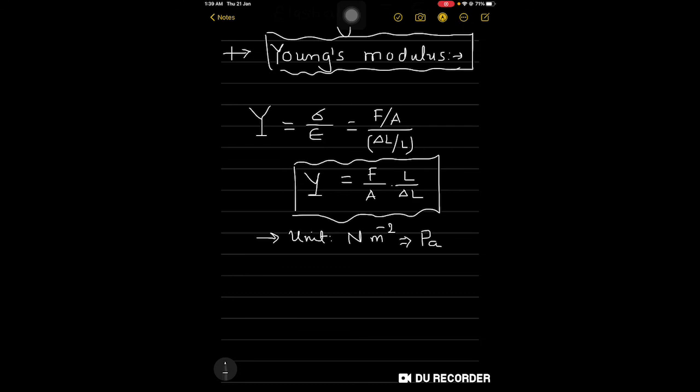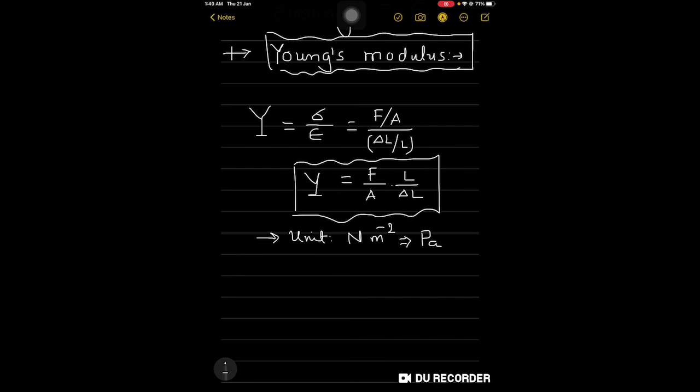The force required to produce the same strain in aluminum, brass and copper wires having the same cross-sectional area are about 690 newtons, 900 newtons and 1100 newtons respectively. It means that steel is more elastic than copper, brass and aluminum.